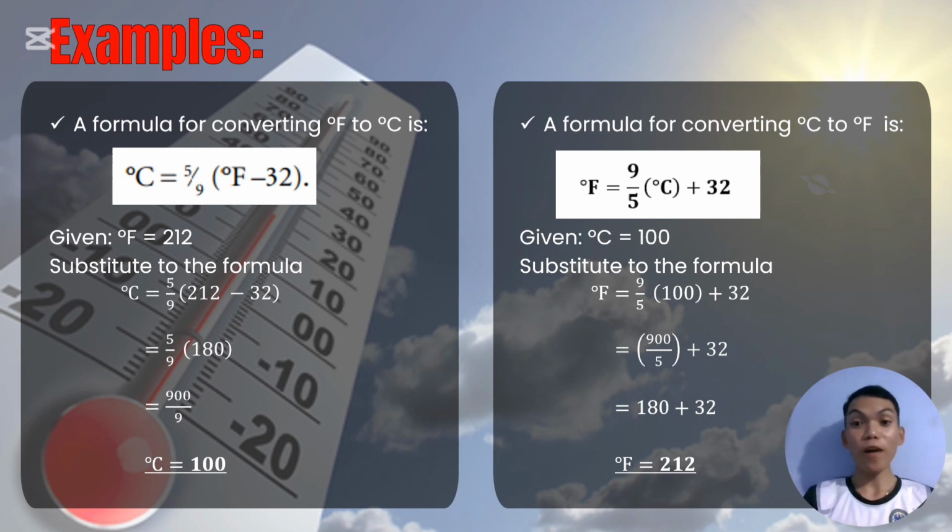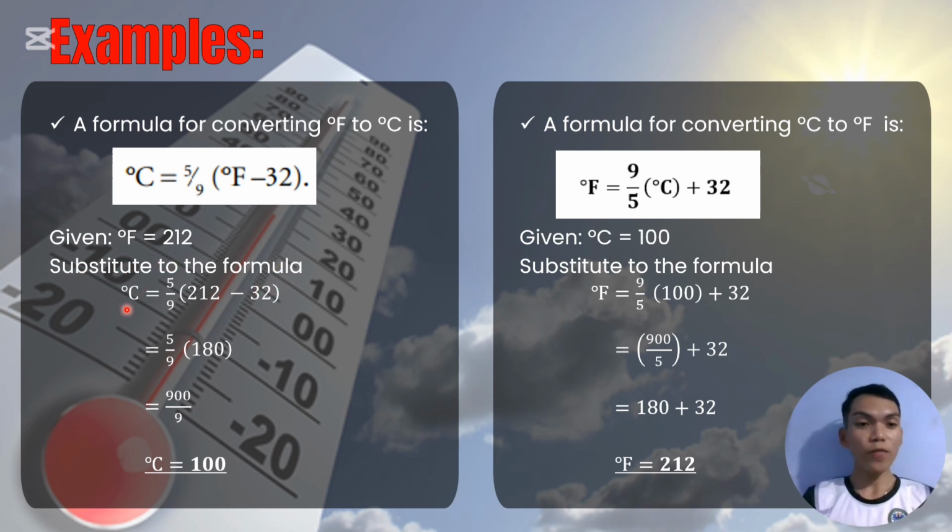So let's have our examples. In our first example, we have a formula for converting degrees Fahrenheit to degrees Celsius. So our formula here is degrees Celsius is equal to 5 over 9 multiplied by degrees Fahrenheit minus 32. Since our given is degrees Fahrenheit equal to 212, the next step is to substitute in the formula.